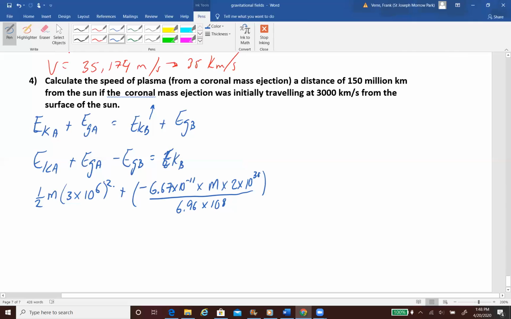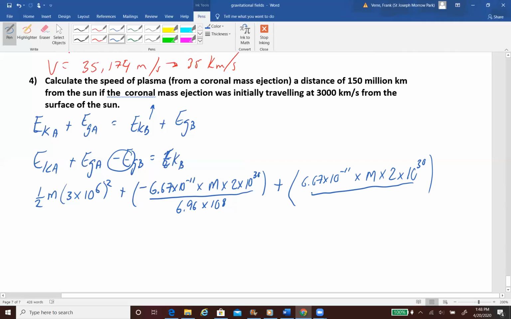Okay, so now that is going to be minus a minus, so plus G 6.67 times 10 to the minus 11 times the mass of the plasma times the mass of the sun over RB.